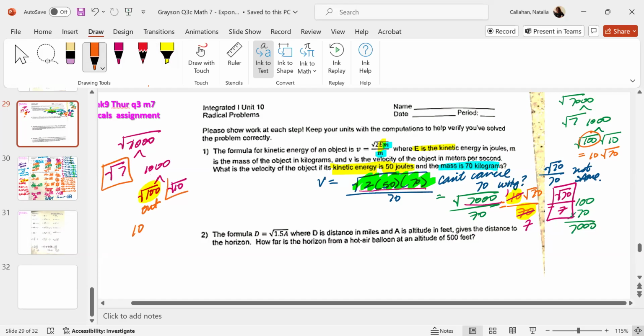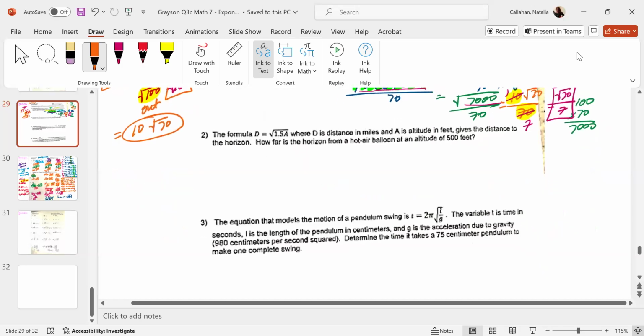These two stay in. 7 times 10 is 70. You can't do anything with square root of 70. There's no perfect square that gives me 70, right? So you just put it like this. Square root of 7,000 equals this right here. Do you understand? So try that on your own once and see if you can get that too.